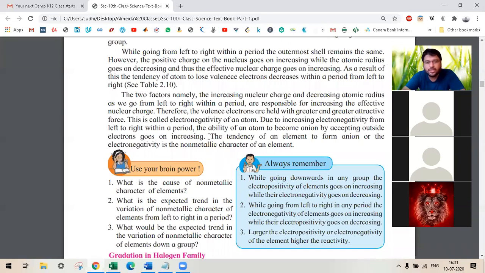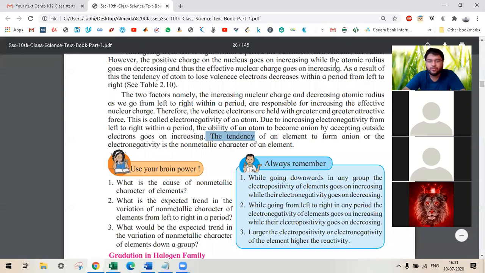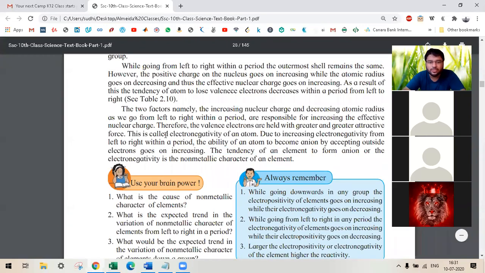See, the tendency of an element to form an ion or the electron. Okay, yeah, you can say that tendency. No, you cannot say like this. Need a good definition here. Anyone, guys? Yeah, see here.